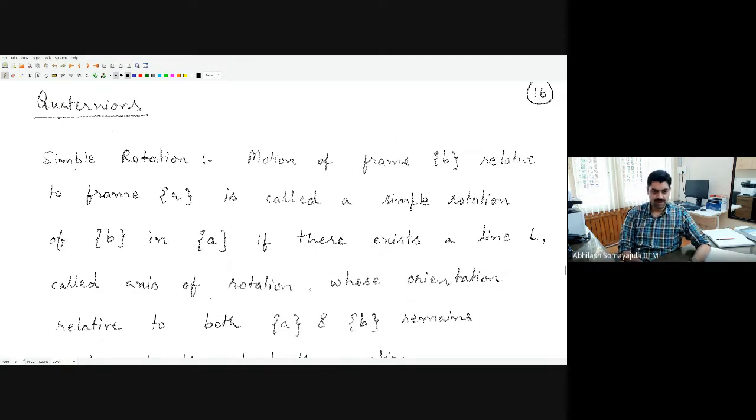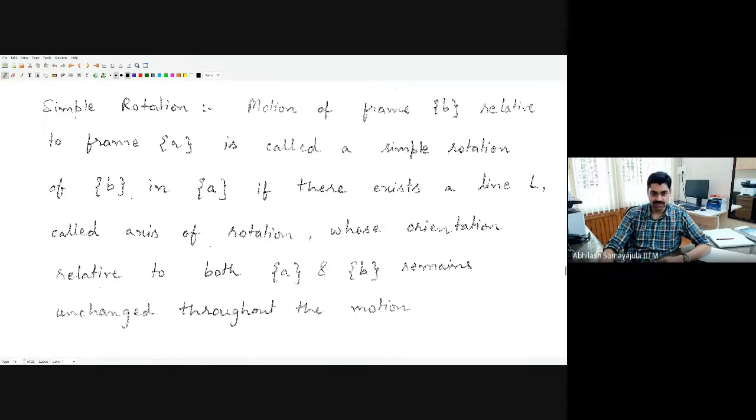So we talked about this notion of a simple rotation, where we are taking one frame and transforming it into another frame by taking a simple rotation about a fixed line, which is called the axis of rotation. About that axis, we rotate one frame by a certain angle to reach the second frame.